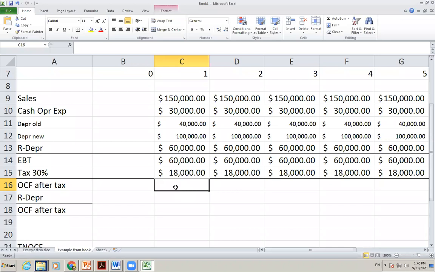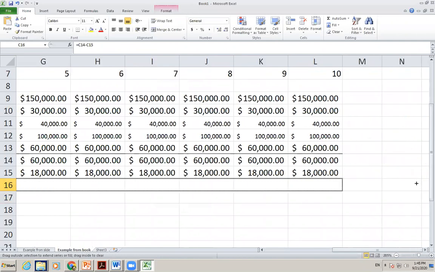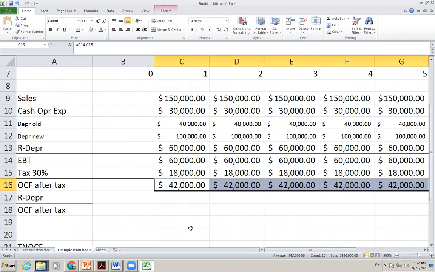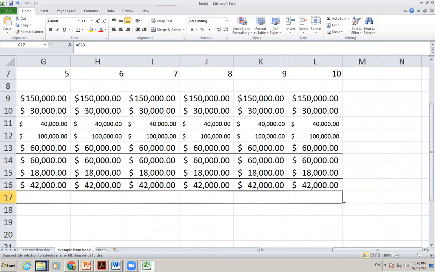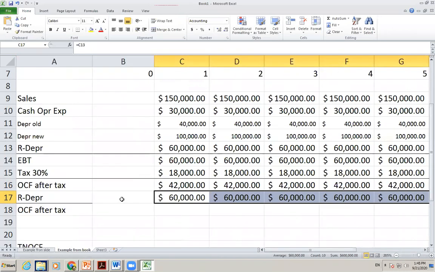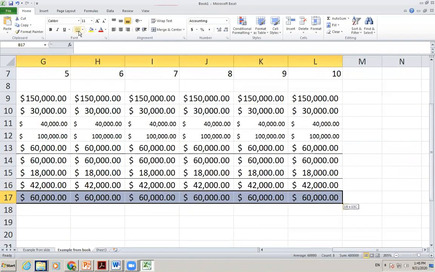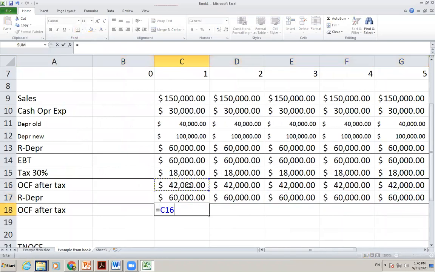Operating cash flow after tax. So this minus this. And we're going to put back the depreciation amount, so we're going to add it back.